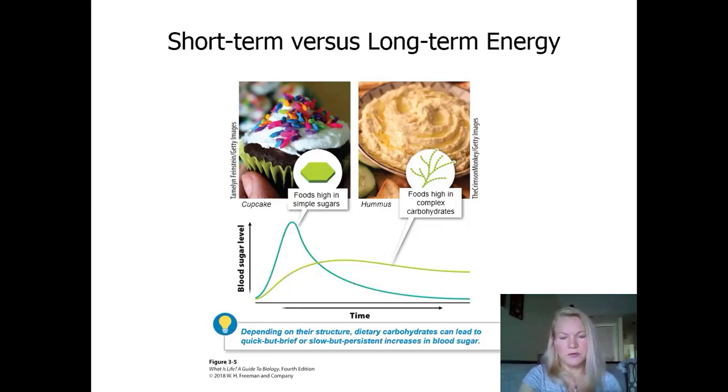But if you want to think long term, right, you need energy to last a while, then there's other foods that are more complex that will serve you better, right? Here's some hummus. We don't want to keep shocking our body into these spikes in sugar in our blood. It just isn't a healthy way. It's not very good for our organs.